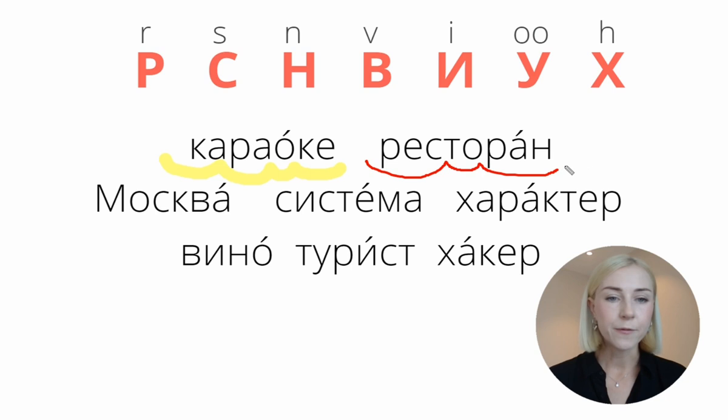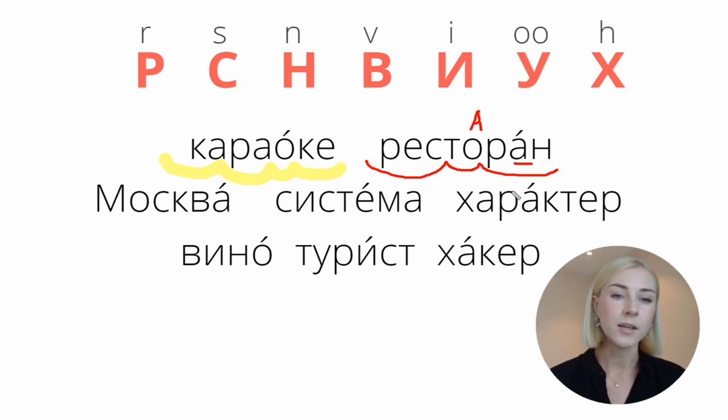The second one. Okay. Before we read, I want to remind you that we have the reading rule in the Russian language. Unstressed O should be pronounced like A. Don't forget about it. Okay, let's get started. Ресторан. Ресторан.